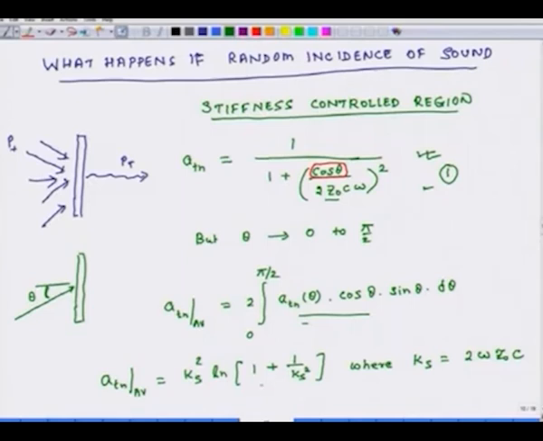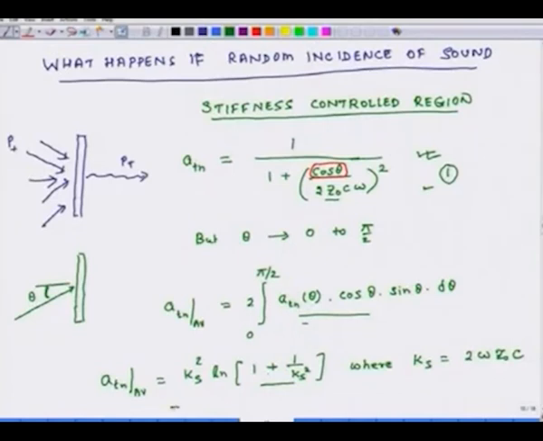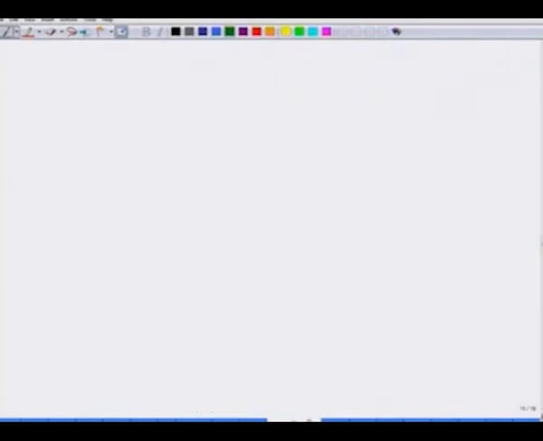Now, I know that 1 plus 1 over k s square, from an earlier relation, is basically the attenuation for 90 degrees incident angle, and this term in the parenthesis in the denominator is k s. So, I can rewrite this relation as k s square times 1 over attenuation.